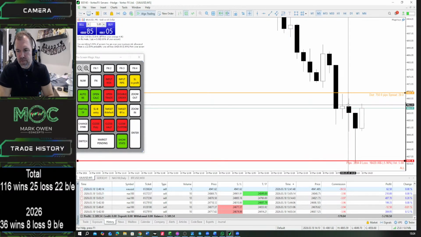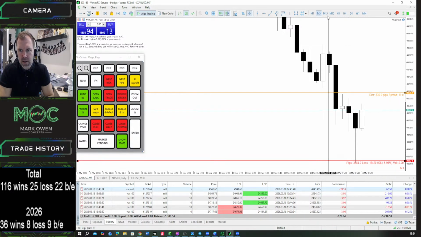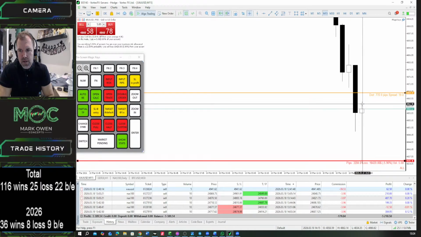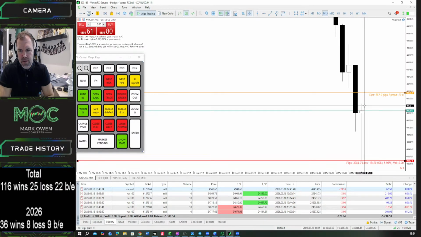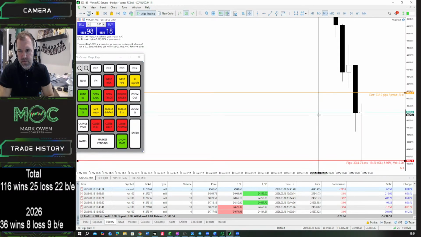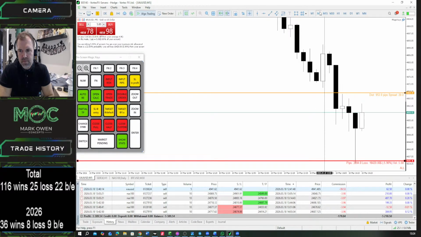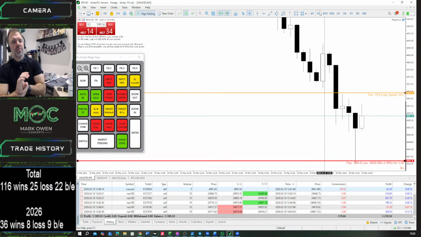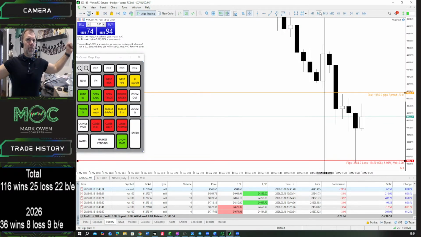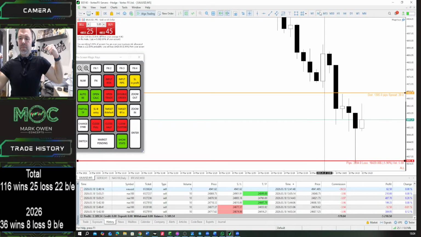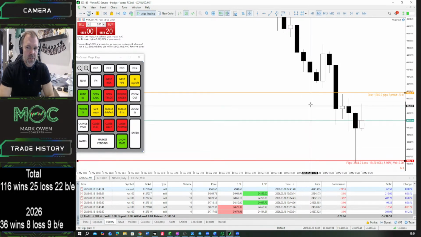If not, we have to wait for the next 5 minute candle, which will of course close as a 15 and a 30, and we'll be looking to buy the high of this candle here if it closes like this. So let's wait for the 15, guys.